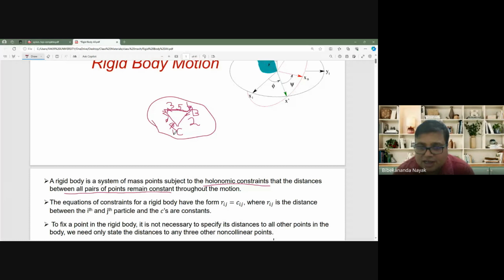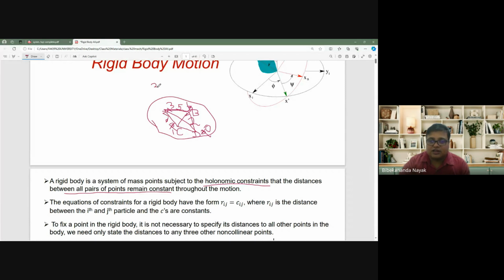Similarly, if I bring D, it needs 3 coordinates, but since it is related with A, B, and C, we can determine the position of D from the knowledge of A, B, C. No extra coordinate is needed. Similarly, if we add E, F, G, 100 particles, no more coordinates are added.